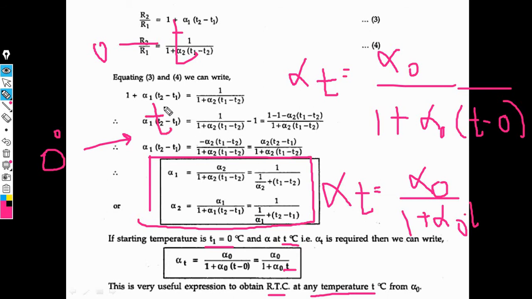Now this is the important phenomenon for resistance temperature coefficient: alpha T is equal to alpha 0 upon (1 plus alpha 0 into T). This is the last equation for resistance temperature coefficient.